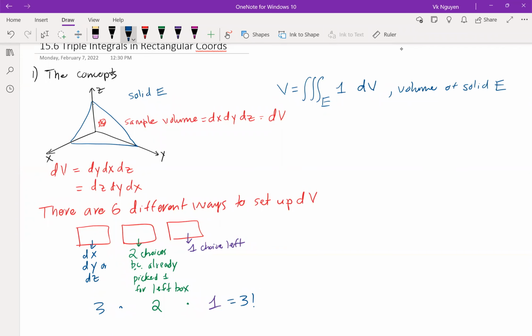Now if f(x,y,z) is the density of the solid E, then we get the mass.